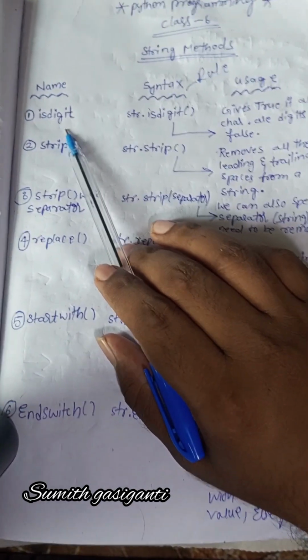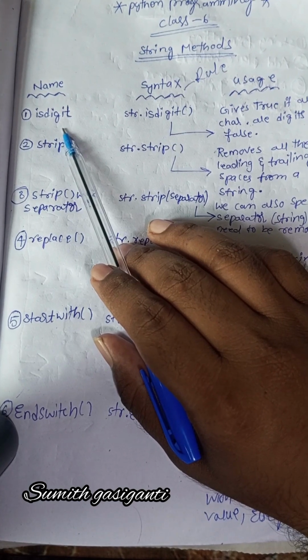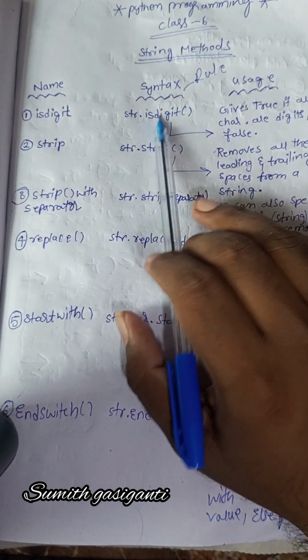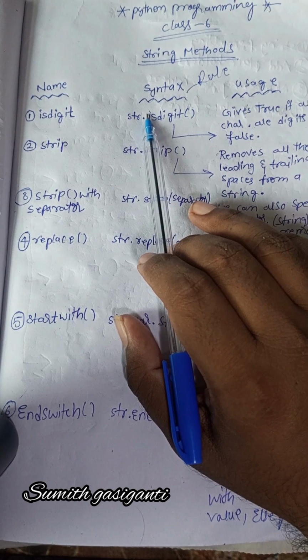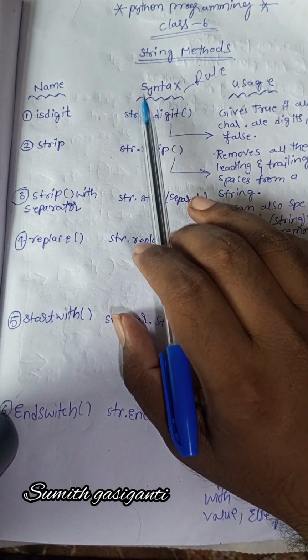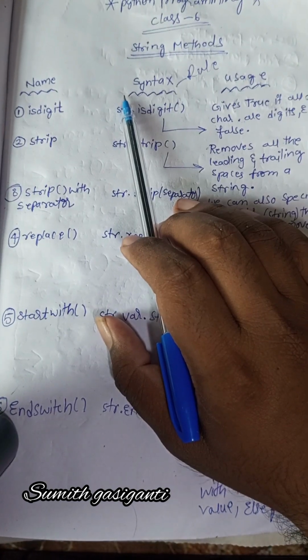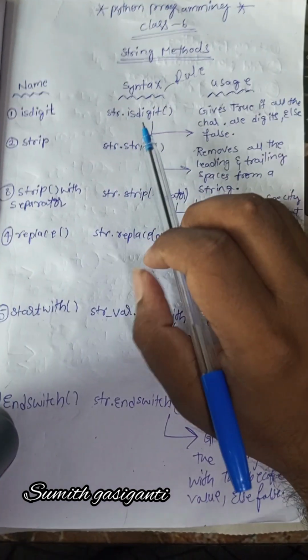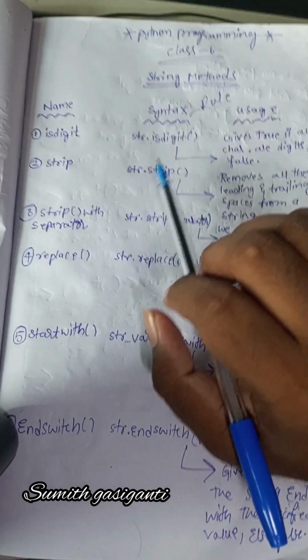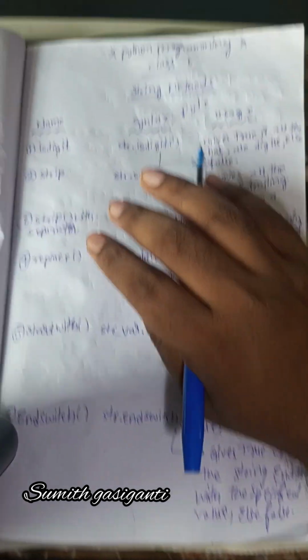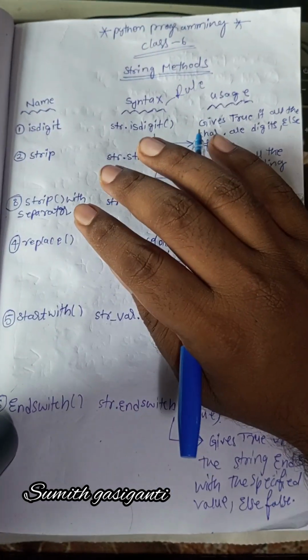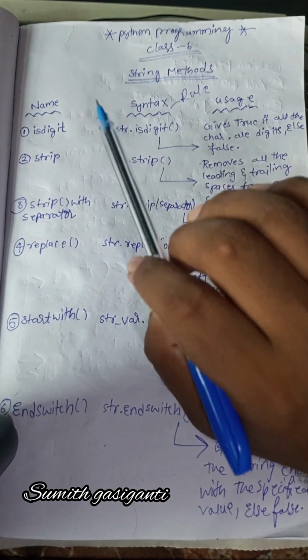In a program, by using this syntax we can know whether your value is a digit or not. The deeper explanation will come when we do the programming part in practice. But this is very important from an interview point of view, so it's important to cover the theoretical part of this topic.